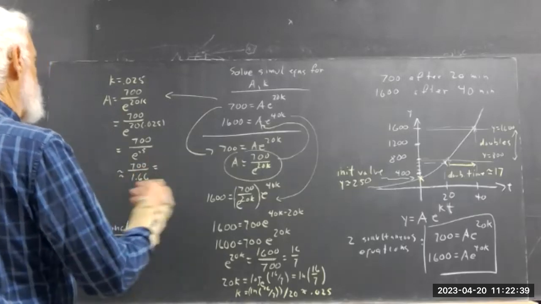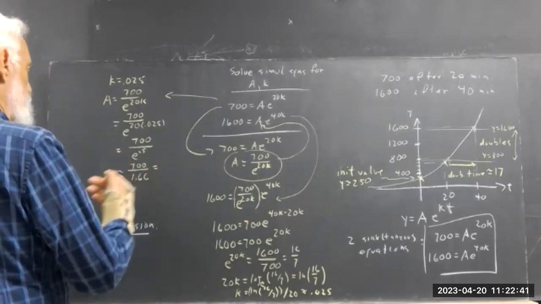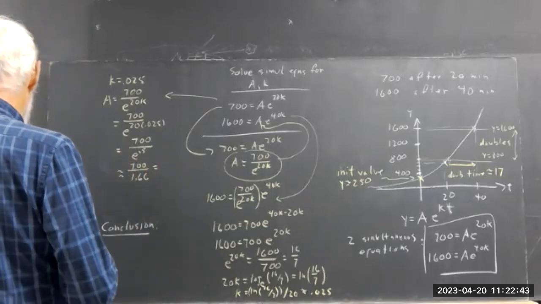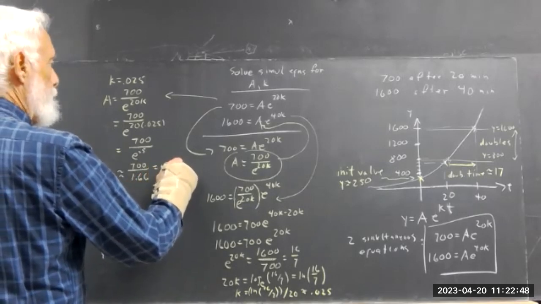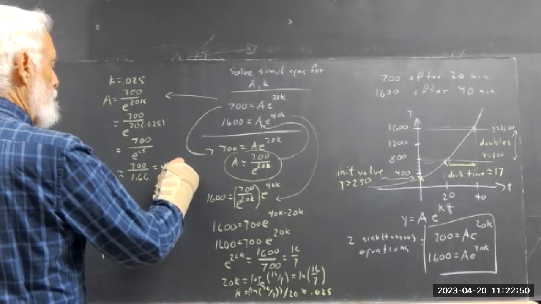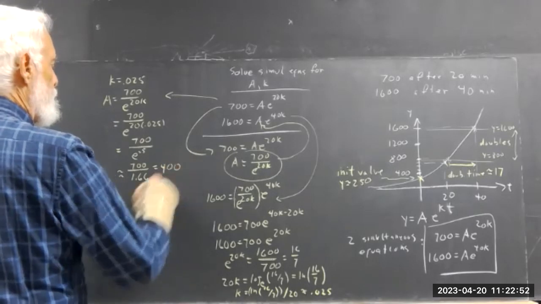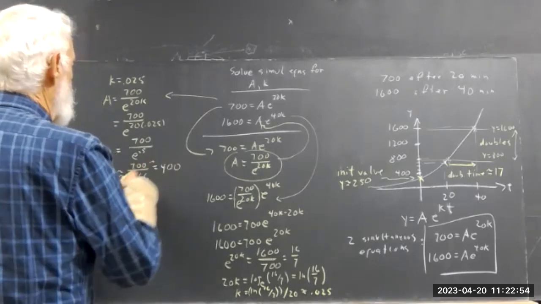And conveniently, that's 5/3, so it'd be 3/10, 2100 over 5, about 400.